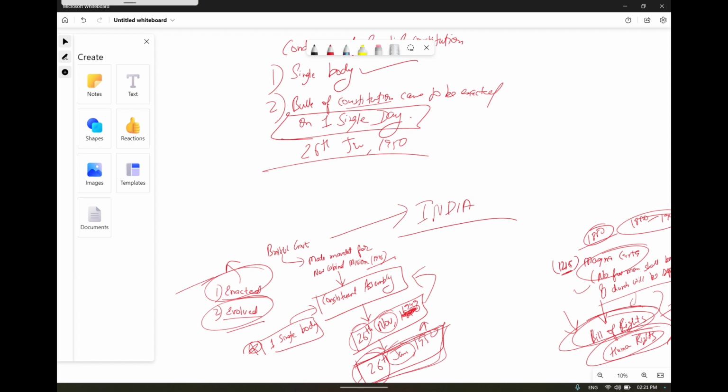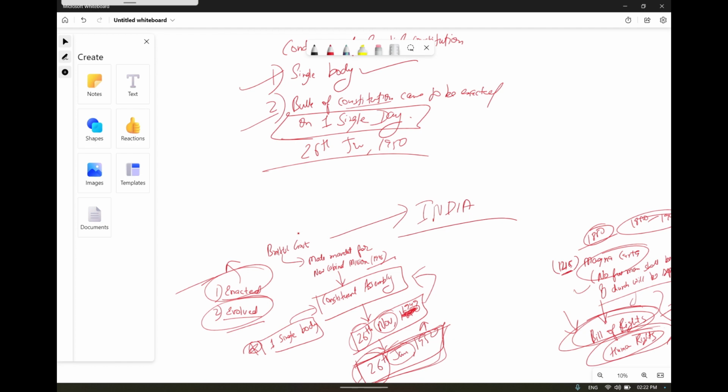Those are the two main characteristics for a constitution to be called enacted. An evolved constitution is one which has evolved over a period of time, where the voice can come from the public, from experts, or from the laws.